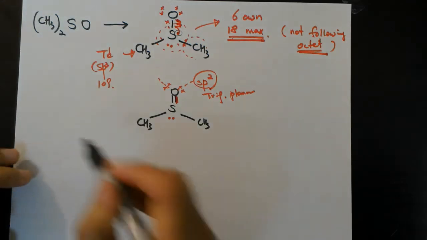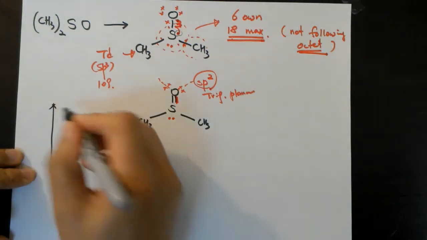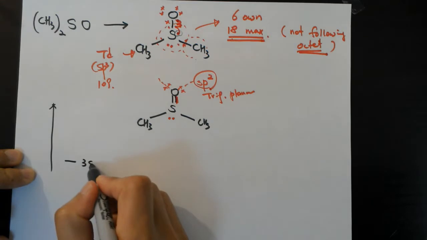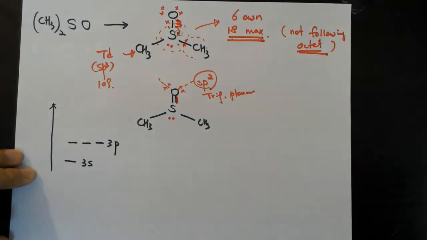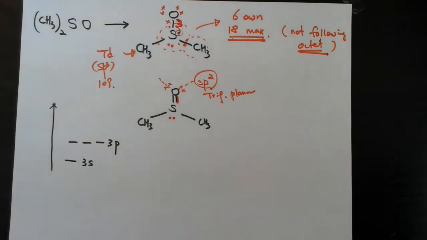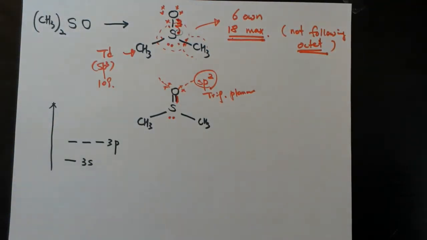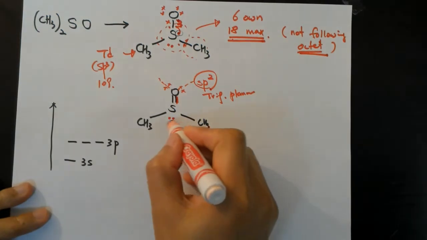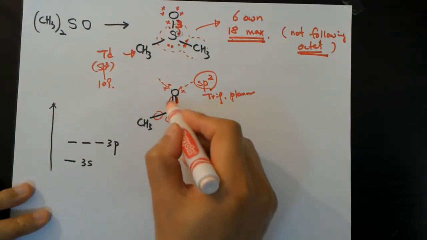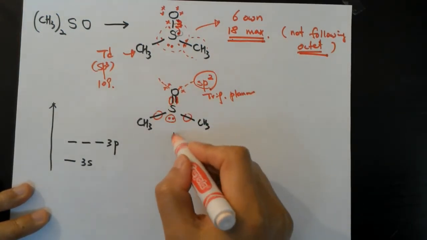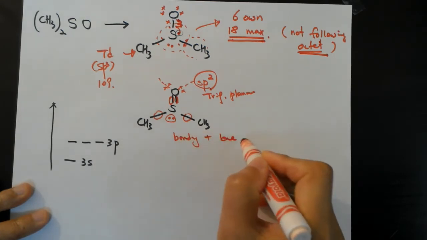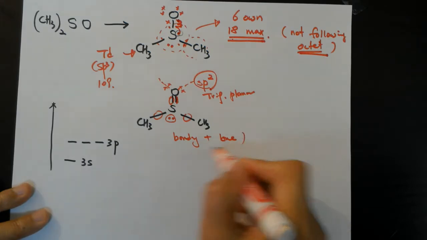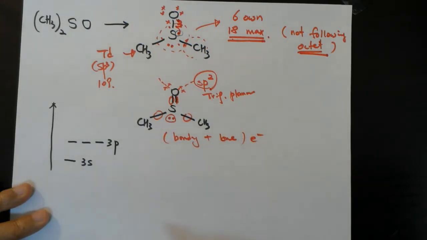Sulfur is a third shell element. So it has 3s, 3 p's. So we needed 4 orbitals to make those 4 pairs of electrons in the bonding and the lone pair electrons in the hybridized orbital.